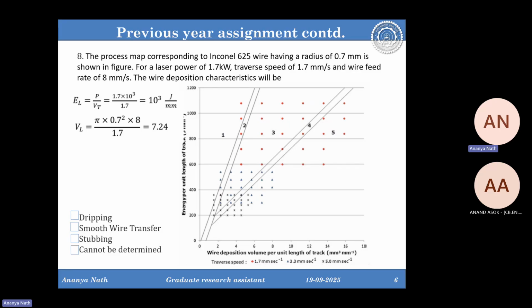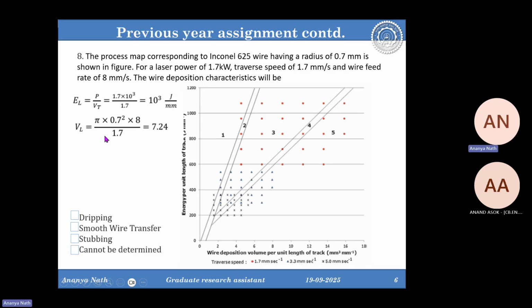So for wire deposition characteristics, EL is the energy per length, given by P by vT, which is the laser power, 1.7 into 10 to the power 3 watt, divided by the traverse speed of 1.7 mm per second. So now we get the energy in joule per mm, which is equal to 10 to the power 3.